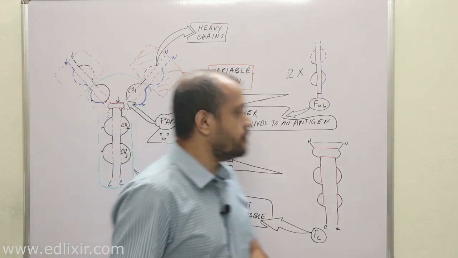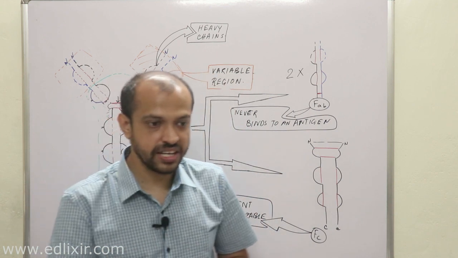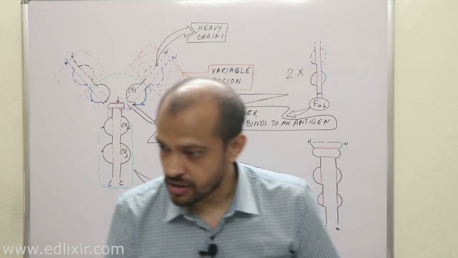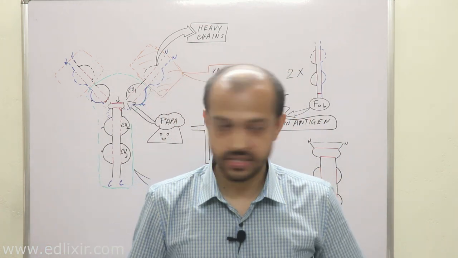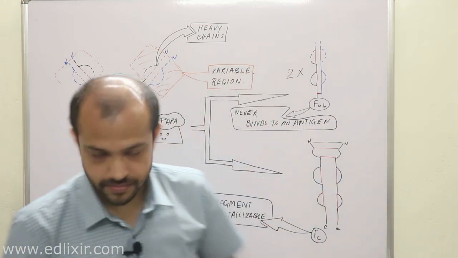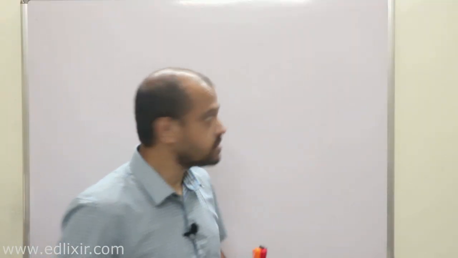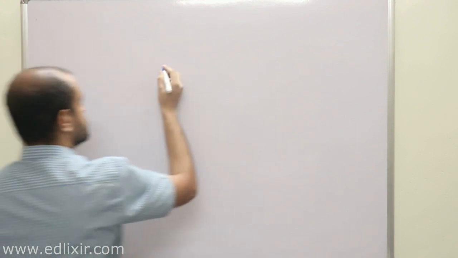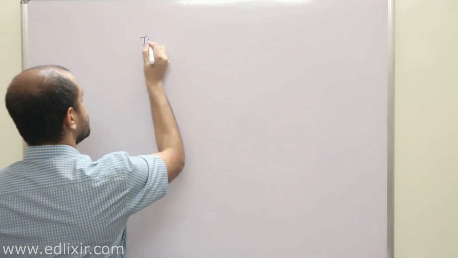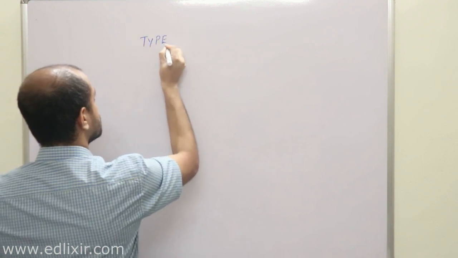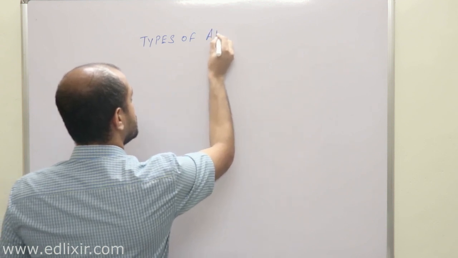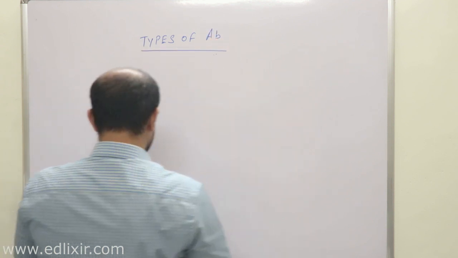So now you know how different proteases help in the study of antibody structure, right? Clear? Now we will be talking about antibody types. Whenever we are talking about types of antibody, you must understand this carefully.